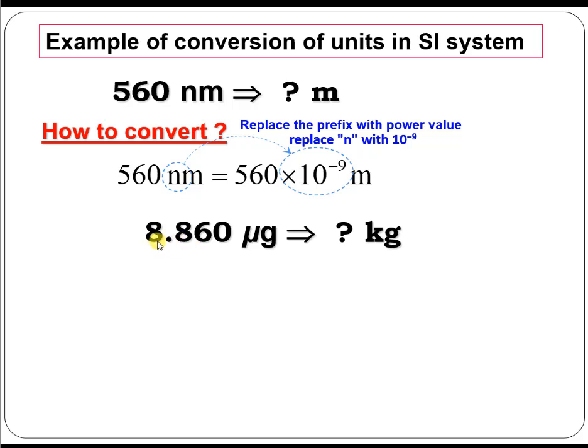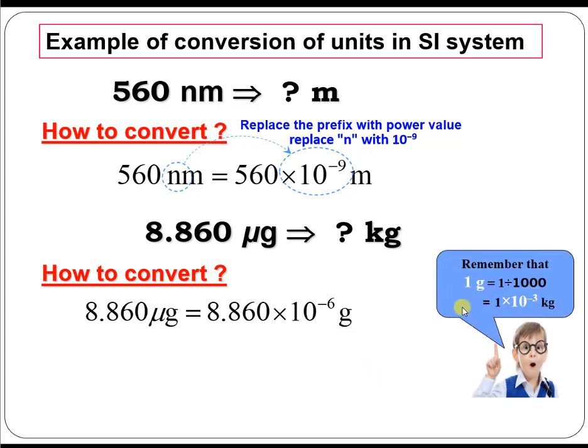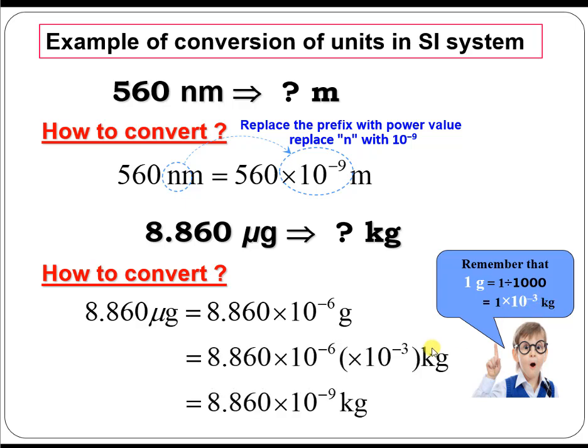Another example, 8.860 microgram, we need to change it to SI unit kilogram. First, we replace the prefix micro with times 10 to the power of negative 6. And then we convert the gram to kilogram. So recall the unit conversion factor. 1 gram is actually 10 to the power of negative 3 kg.